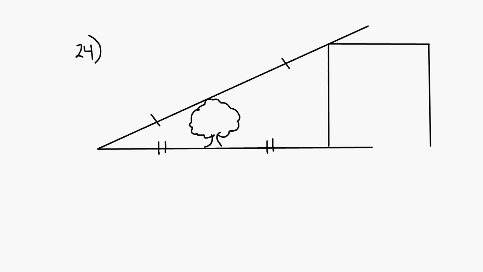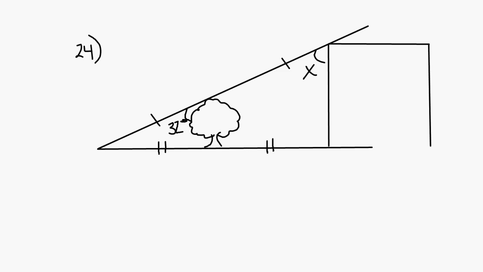If you get this problem wrong, I apologize in advance. Because they put the dang symbol on here, and they tell you that that's 32 degrees, and they ask you for X. I hope it's 32 degrees. All right.